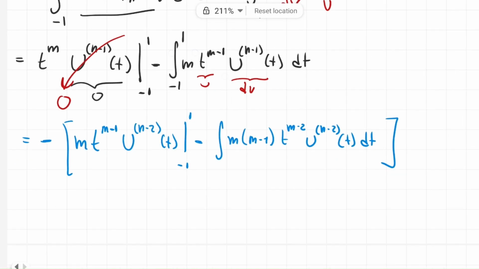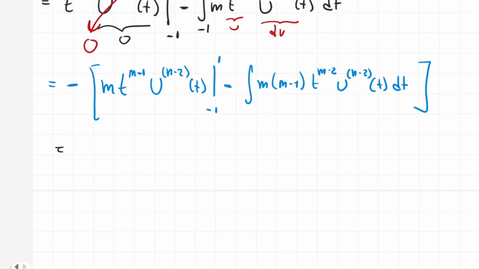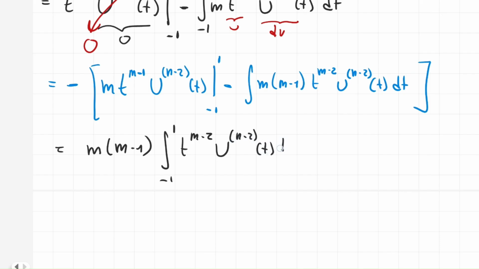Okay, perfect. So if we simplify a little bit, we will get that this is m times m minus 1, and then the integral from -1 to 1 of t to the m minus 2, u to the n minus 2 of t dt.